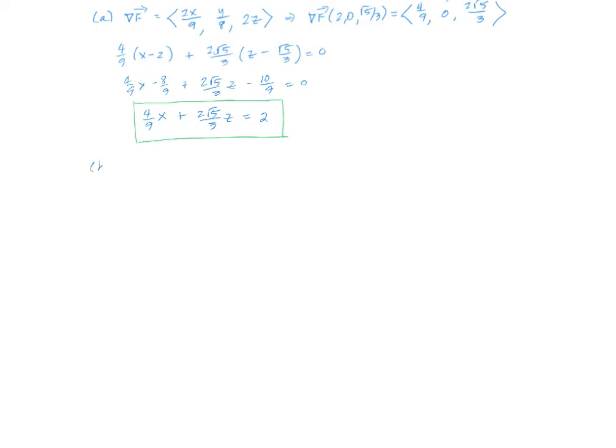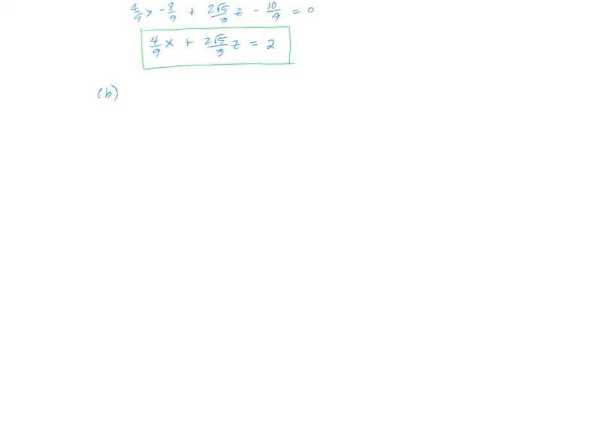If we look at part B, we're asking to find the point, if there is a point, where the tangent plane is horizontal. So let's just think about that for a little bit. And I'm not going to draw the ellipsoid. What I'm going to do is just sketch a horizontal tangent plane, given any surface.